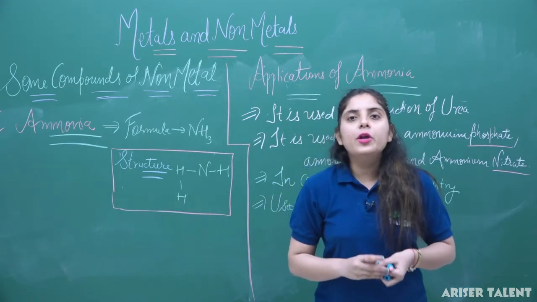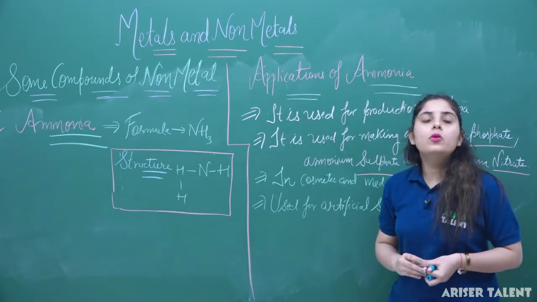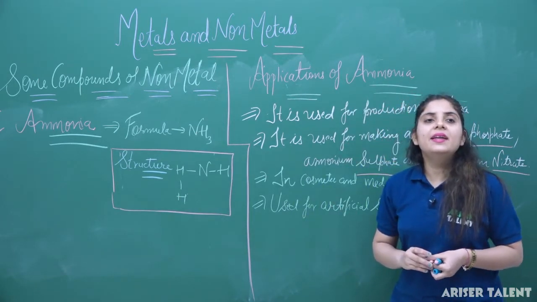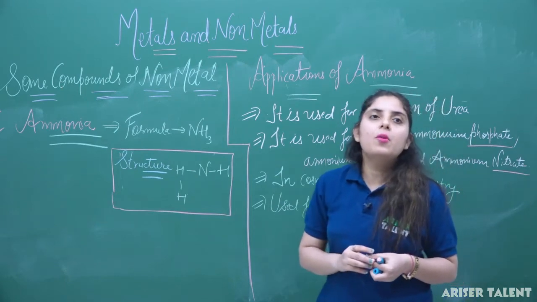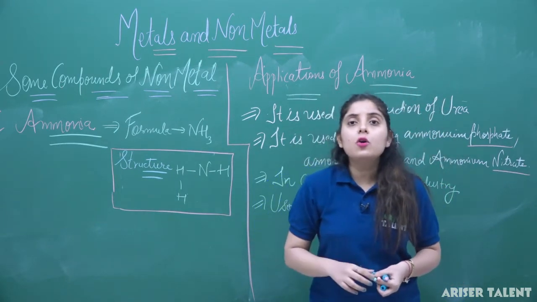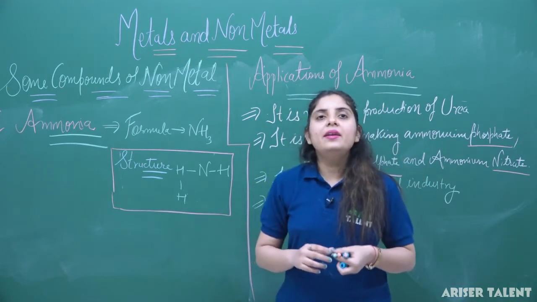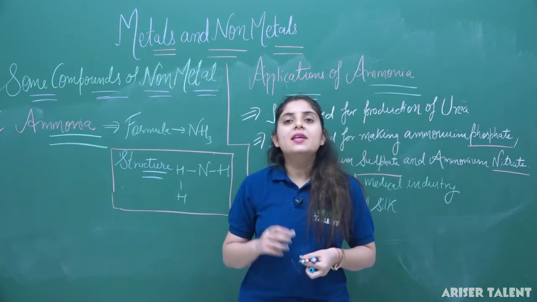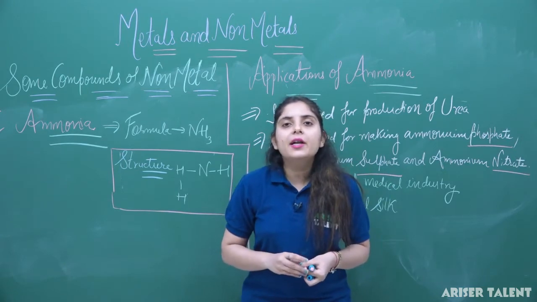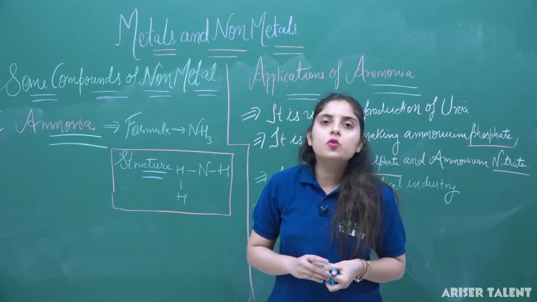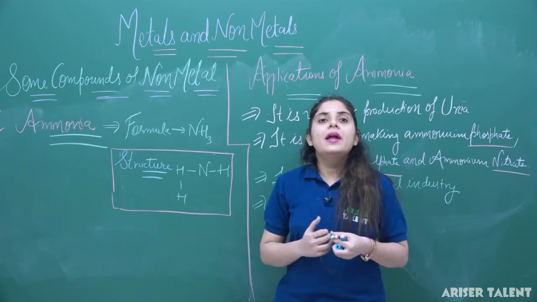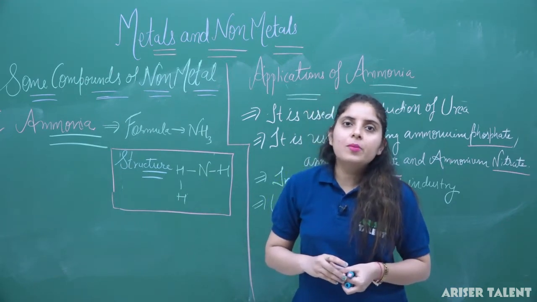Now, we are going to discuss our fourth compound. Our fourth compound is nitric acid, and it has the general formula HNO3. It is also a constituent of aqua regia that we have already discussed, and nitric acid is again used in industries. It is also used for making different kinds of fertilizers, and in dyeing and other industrial purposes.